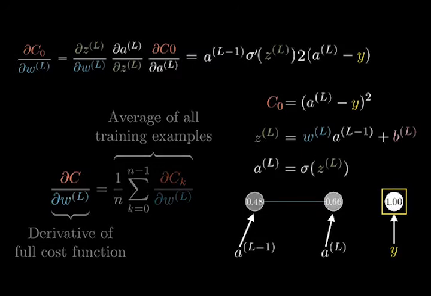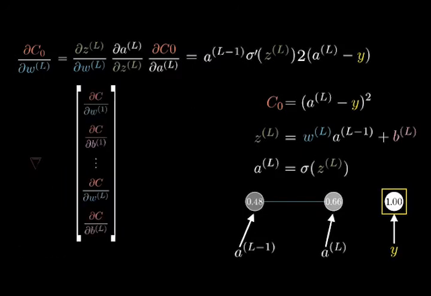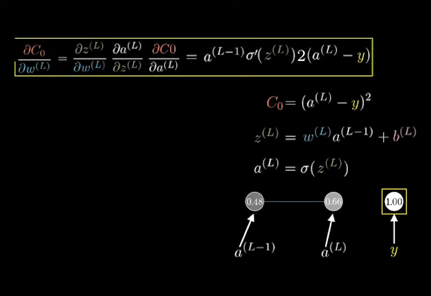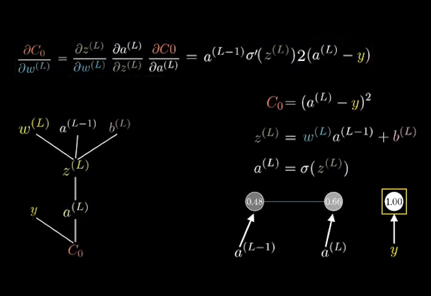And of course, that is just one component of the gradient vector, which itself is built up from the partial derivatives of the cost function with respect to all those weights and biases. But even though that's just one of the many partial derivatives we need, it's more than 50% of the work. The sensitivity to the bias, for example, is almost identical. We just need to change out this ∂z/∂w term for a ∂z/∂b.